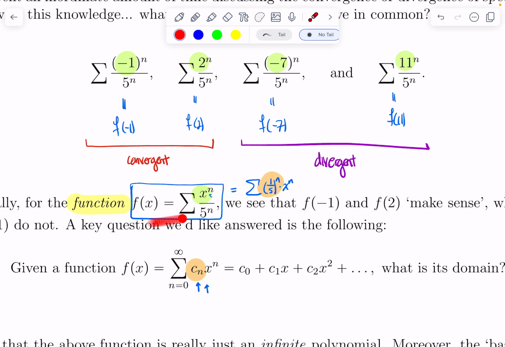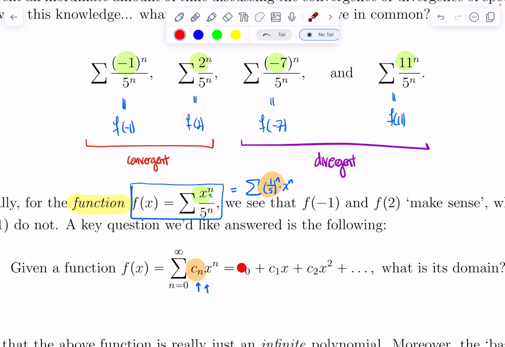That's this function. Notice that if I write this out in broad generality, what do I get when I plug in 0? I get c0 x to the 0, which is just 1. There we have it. If I plug in 1, I get c1 x to the 1. That's what we have here. Plug in 2, I get c2 times x to the 2. That's what I have here, so on and so forth.